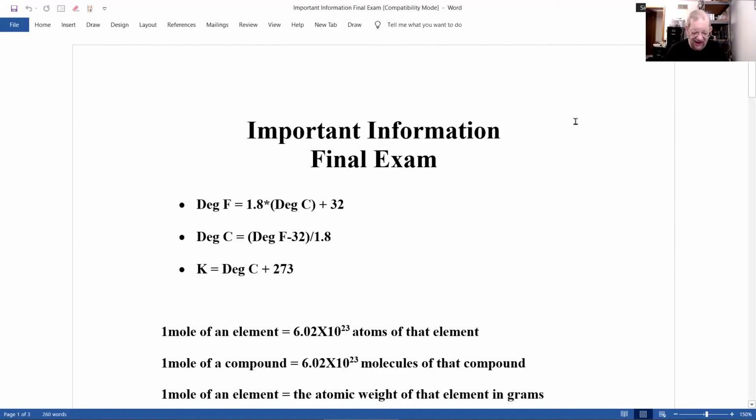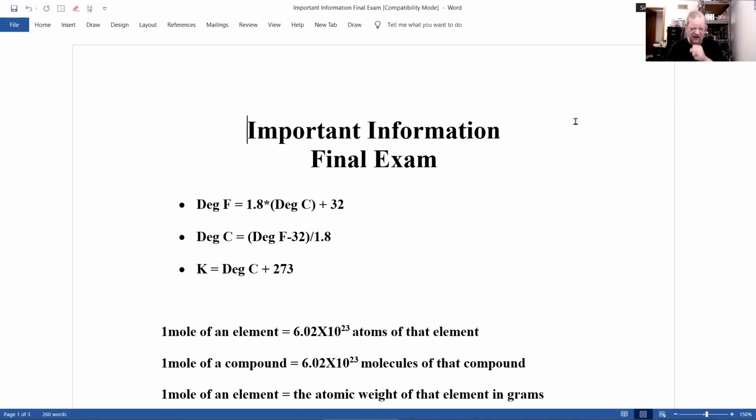You should look, and this is in the lecture folder of Blackboard, at the file named important information final exam. These are things that will be part of the final exam. As I said at the beginning of the semester, a couple of years ago, I decided, should I teach test memory and chemistry or just chemistry?